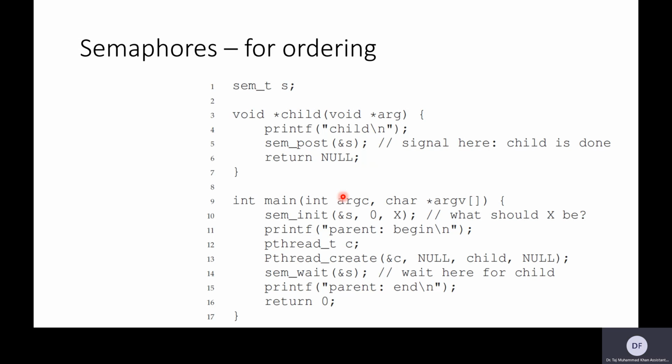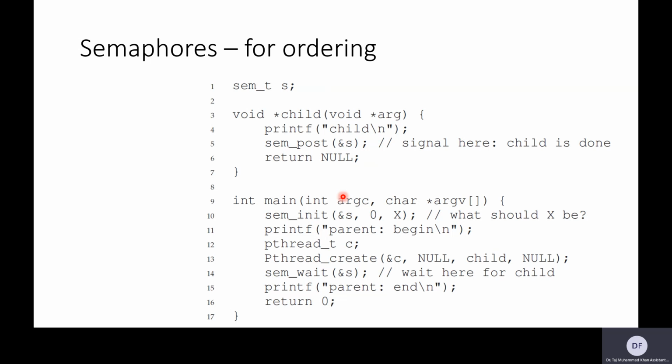So now how can we use a semaphore to imitate the behavior of a condition variable? Okay. Remember the condition variables? We can call wait and signal on condition variables. When you want to wait for some condition, a thread will call wait on the condition variable and it will go to sleep.